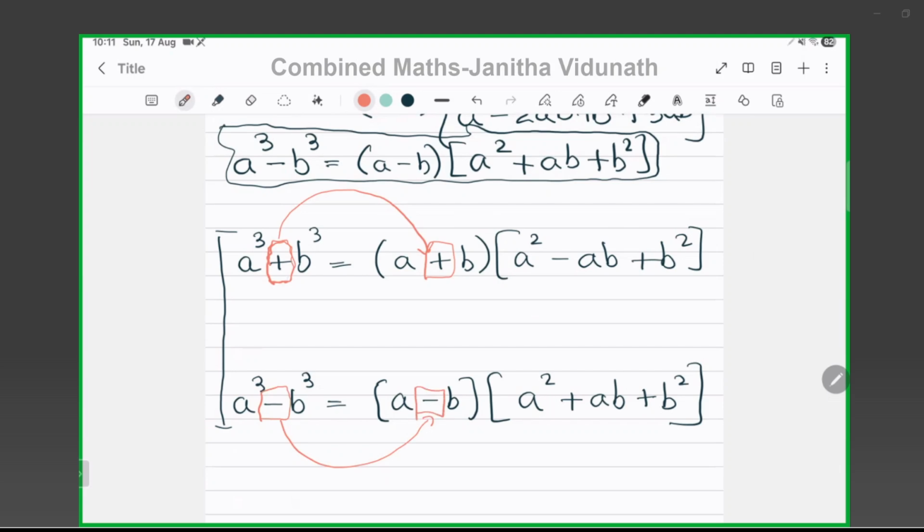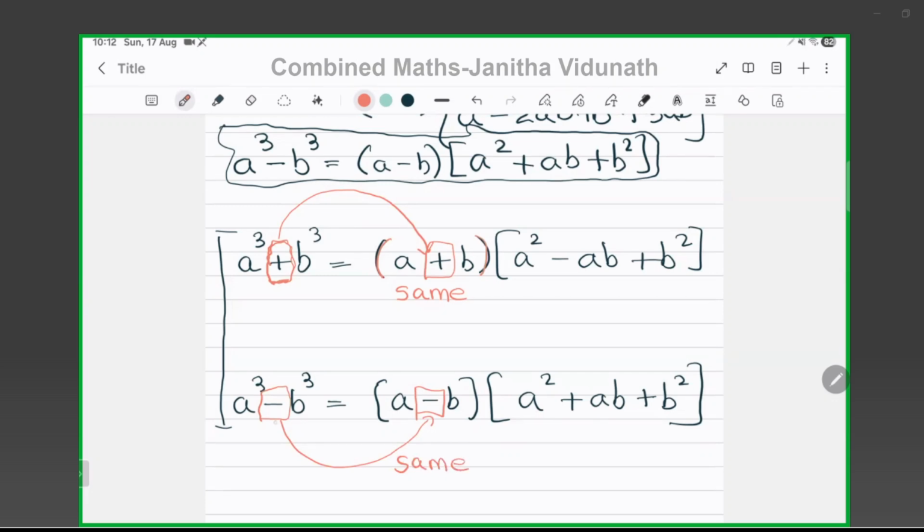Let me repeat. Here is our sum of two cubes. We have the plus sign between them. Now in the factorization, in the first factor, there is also a plus sign between those two terms. So the first sign is the same as the question given.